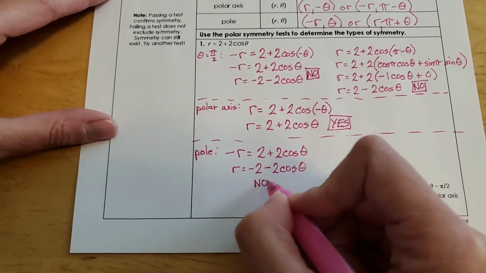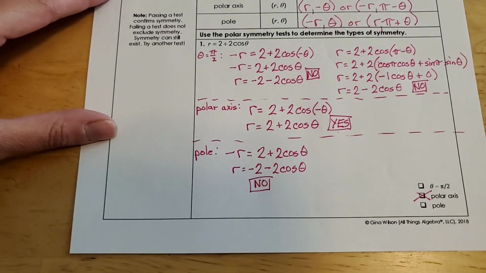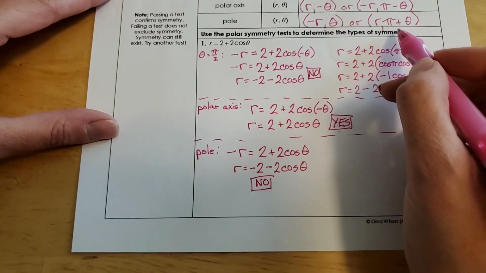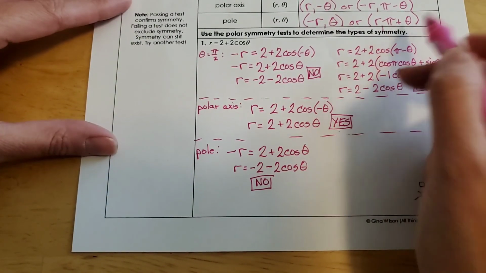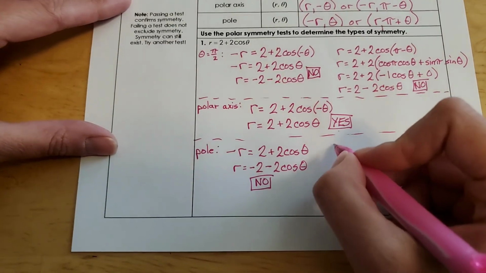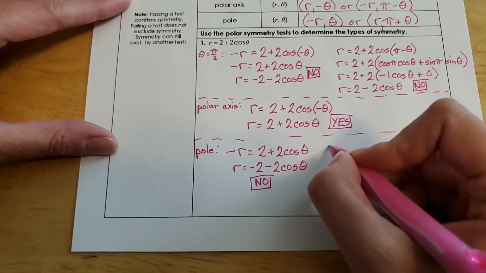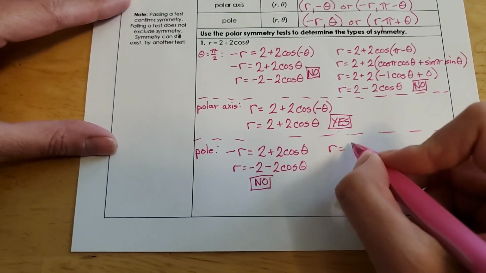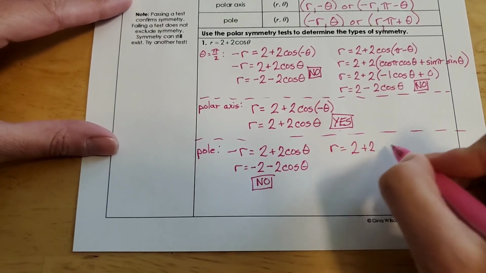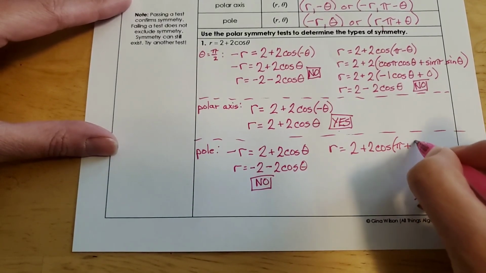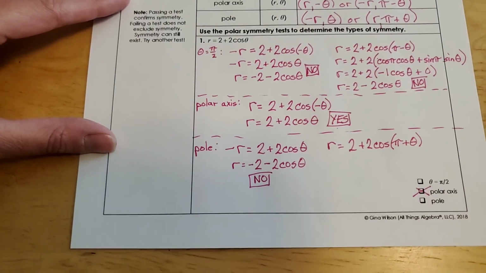That's a no. Not the same. Maybe it'll work when I put in r and pi plus theta. So let's try that. Let's do r, and we have 2 plus 2 cosine of pi plus theta.